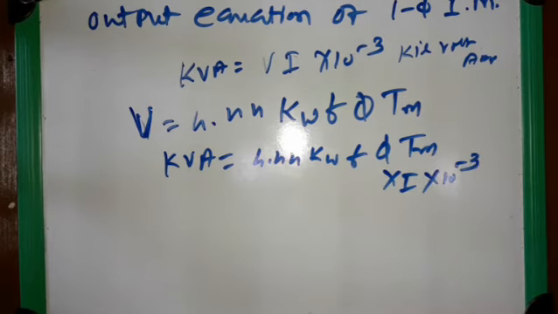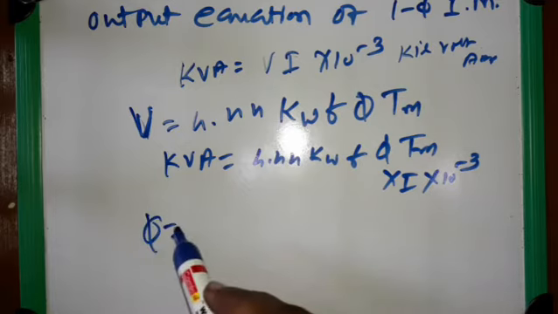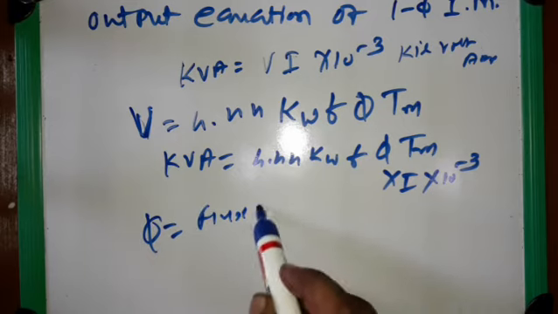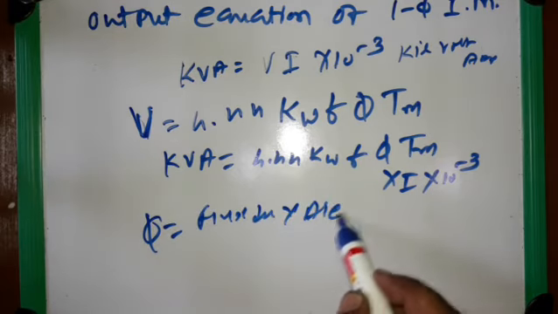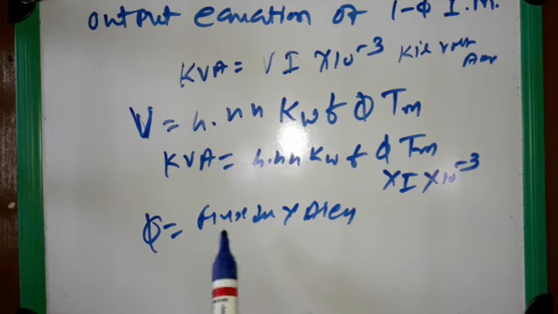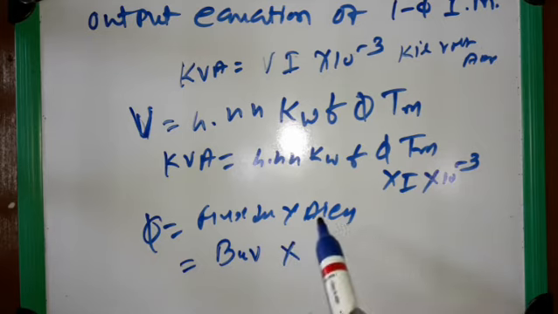Now we know that flux phi is equal to flux density into area. The flux density is our specific magnetic loading Bav, and the area is the area per pole.